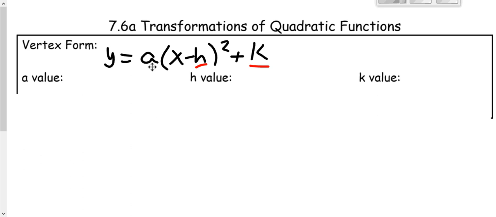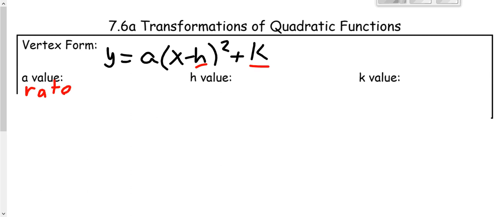And a, if you think back to when we have done absolute value functions, a was always our slope in both directions. So the a value in a quadratic function doesn't necessarily reference slope, but it does have to do with your rate of change. Your a value is similar to your rate of change.